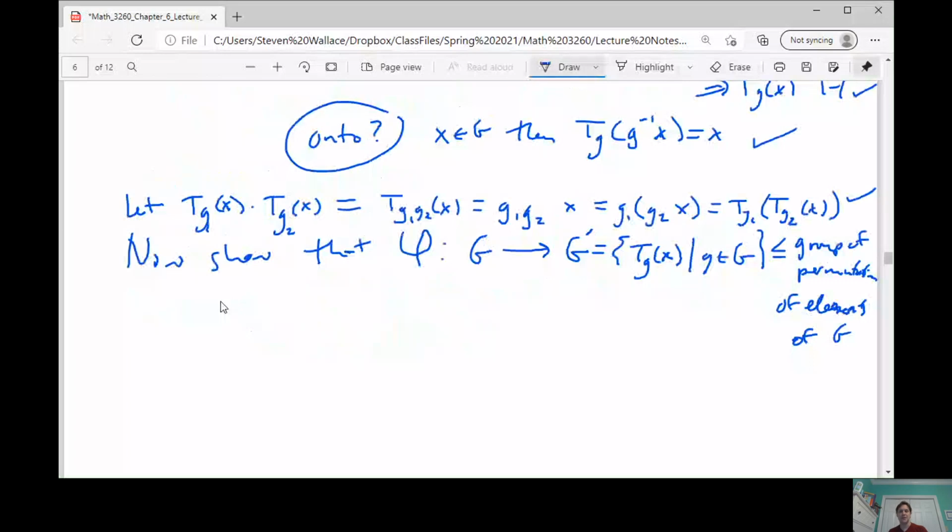Okay, and we show that this is an isomorphism where we take a little g and we map it to the translation by left multiplication. I'm going to leave that to you guys.